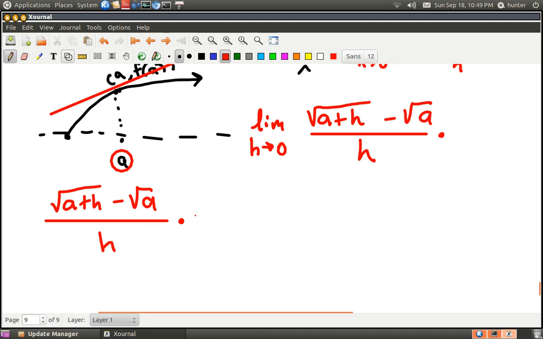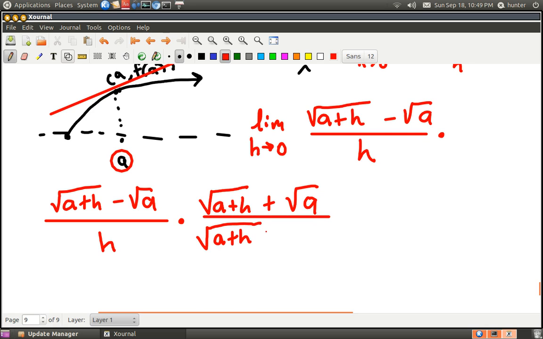Rationalize the numerator, and that gives you the square root of a plus h plus the square root of a, all over the same thing. That's why you can do it, because it's the same thing over itself. It's just like multiplying by 1. Now we've got what in class I've been calling the difference of squares.